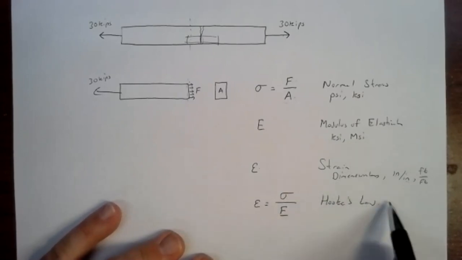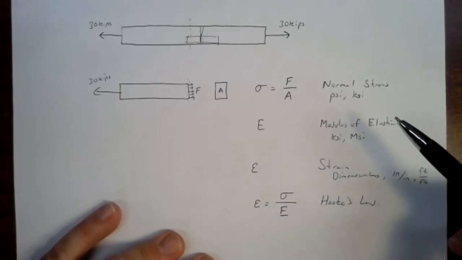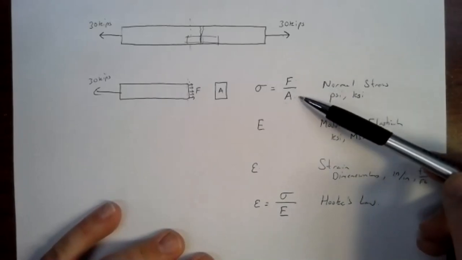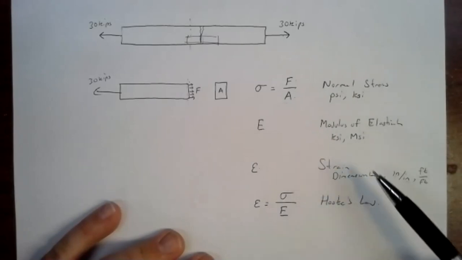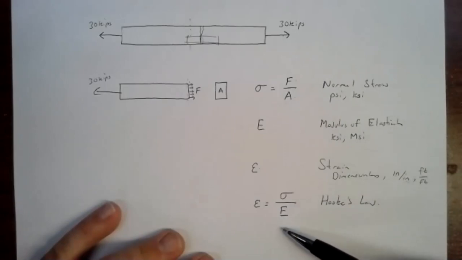This one's the only, I suppose, rule of nature that is involved here. Everything else is a definition. We've defined the normal stress to be the force spread out over the area. We've defined the strain to be the relative deformation. We've defined the modulus of elasticity really through this law of nature.